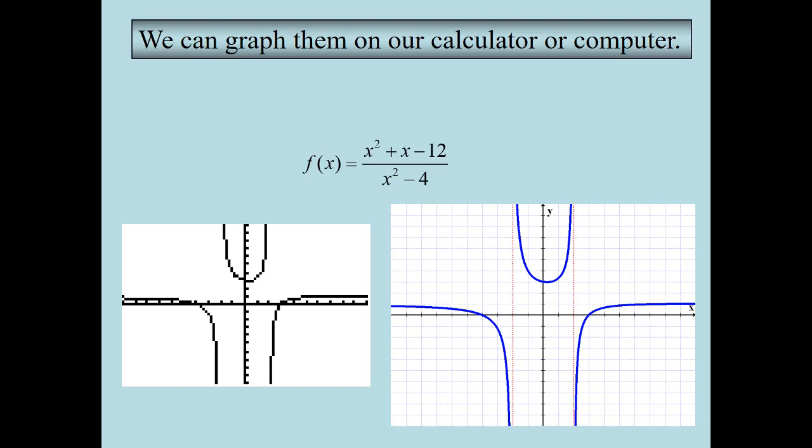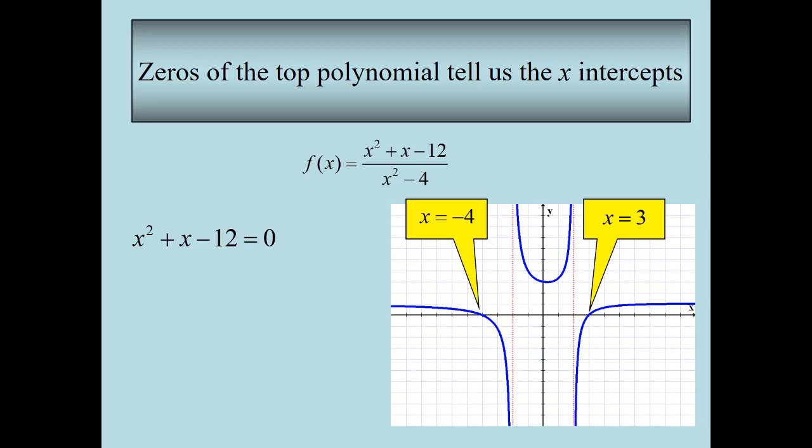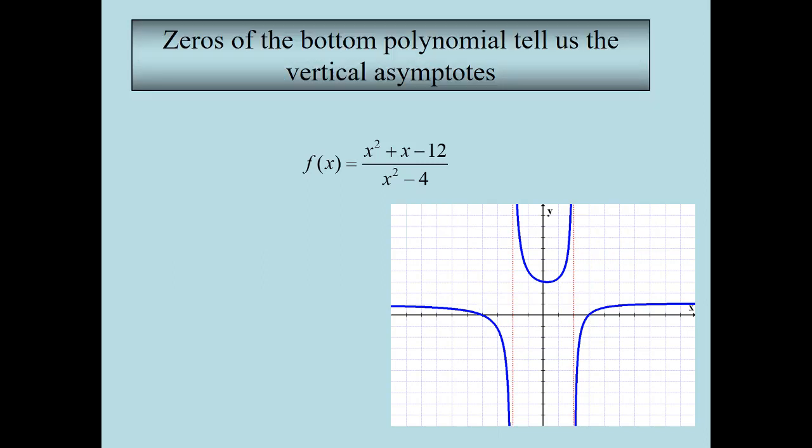We can find where the asymptotes are by considering the denominator of the rational function.